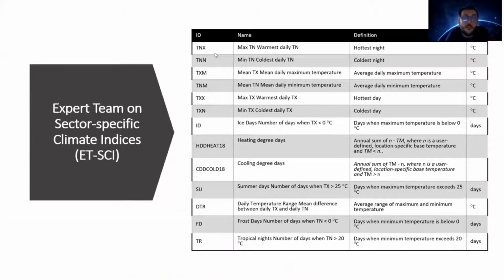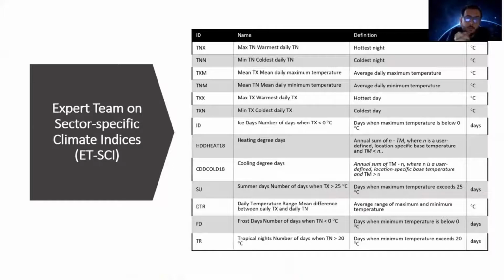The World Meteorological Organization's expert team on sector-specific climate indices released indices for climate studies to standardize the results.